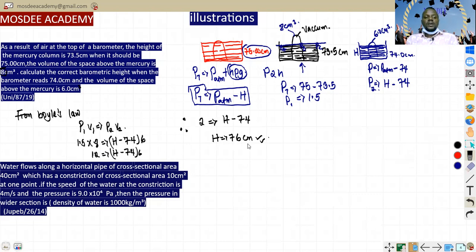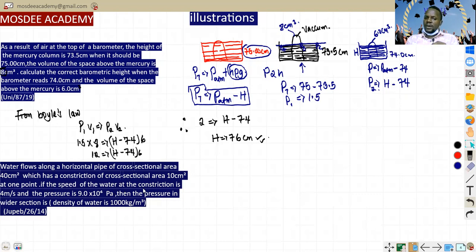The last for today is question 4, which is: water flows along a horizontal pipe of cross-sectional area 40 centimeters square, which has a constriction of cross-sectional area 10 centimeters square at one point.